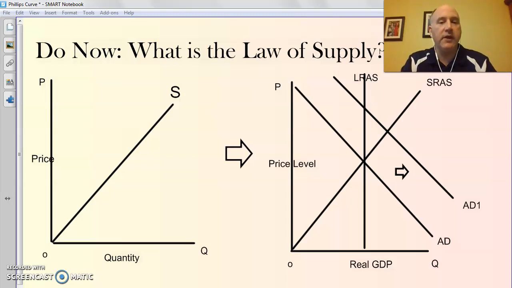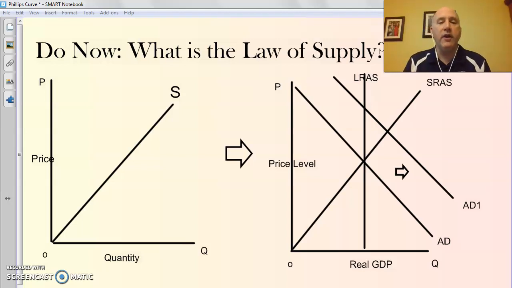Generally speaking, the Phillips curve and Phillips' idea of the relationship between inflation and unemployment is usually on one of the part twos, the smaller of the part twos. The idea is if we go back to the law of supply, the higher the price, what's the answer? The higher the quantity supplied. And the lower the price, the lower the quantity supplied. Just like when we talk about inflation, inflation causes a rise in prices.